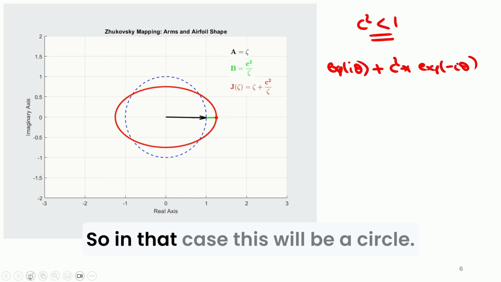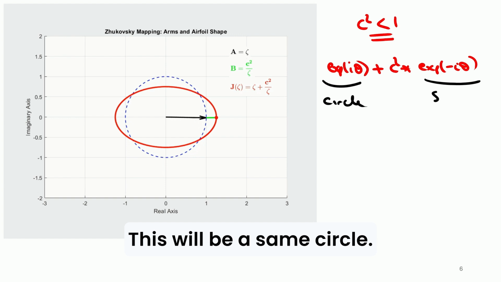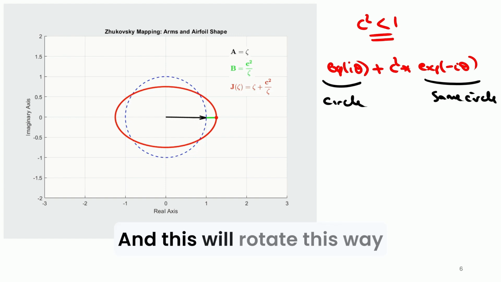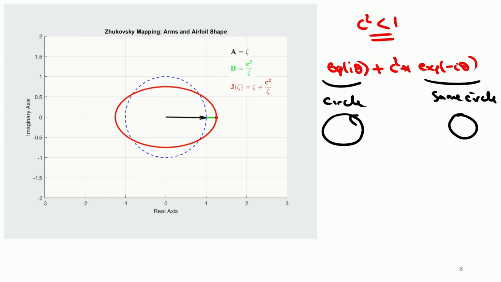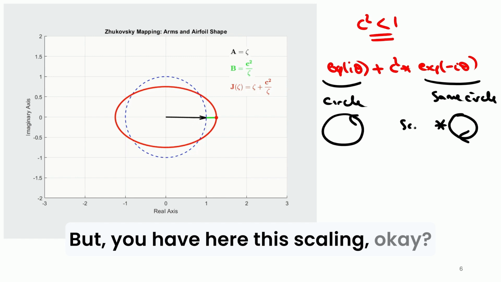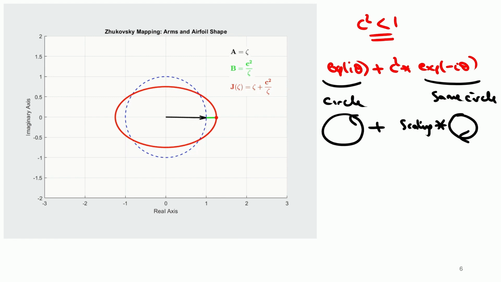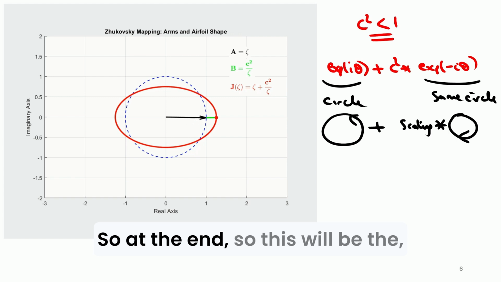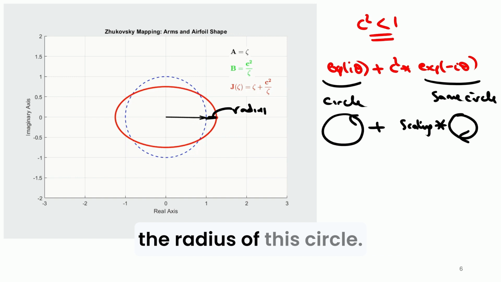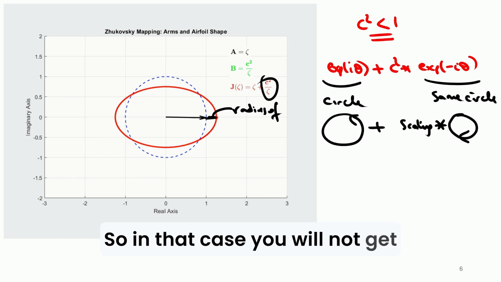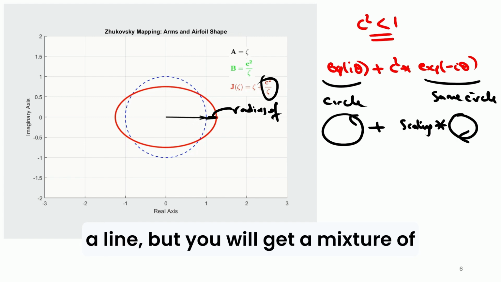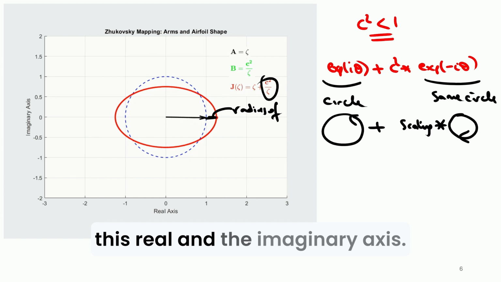Okay, so in that case, this will be the same circle, and this will rotate this way, and this will rotate that way, but you have here the scale. Okay, so at the end, this will be the radius of this circle. Okay, so in that case, you will not get a line, but you will get a mixture of the real and the imaginary axis.